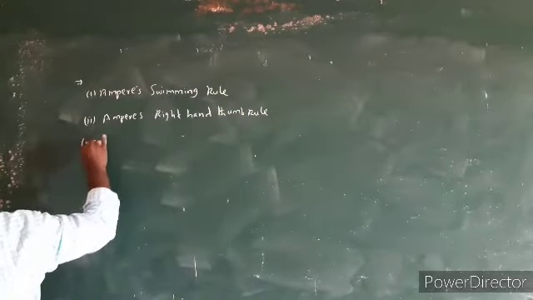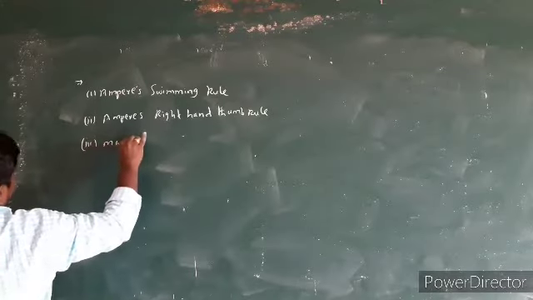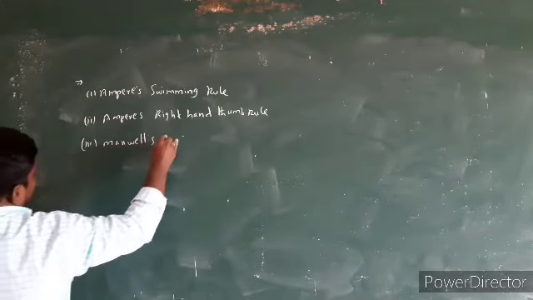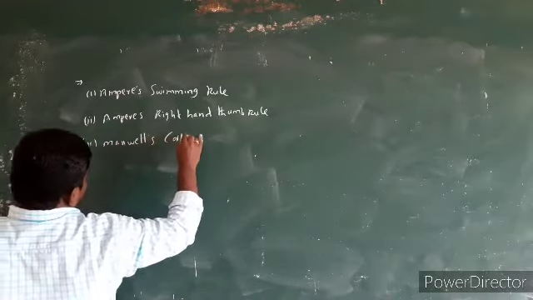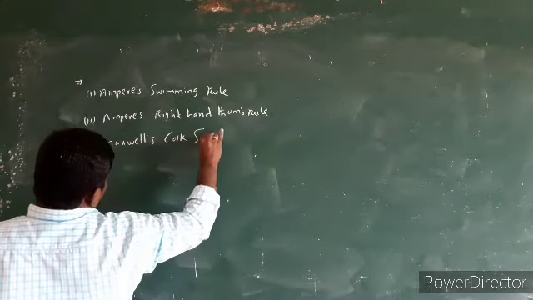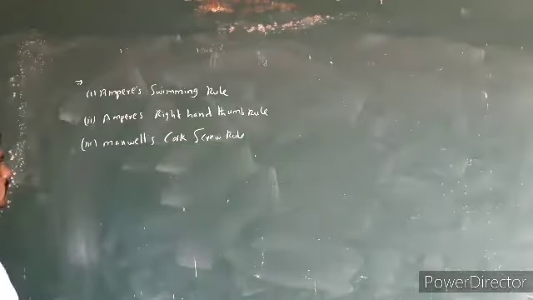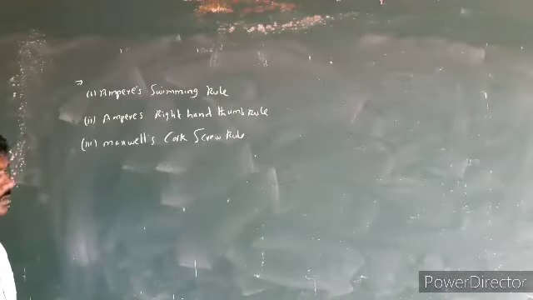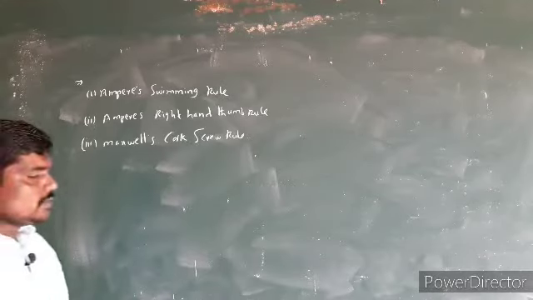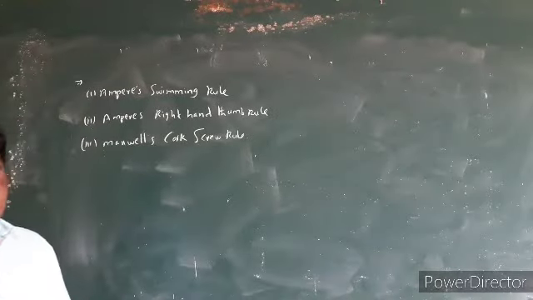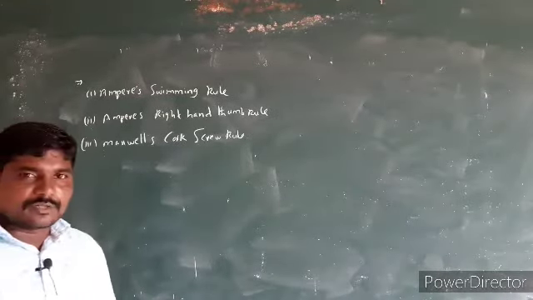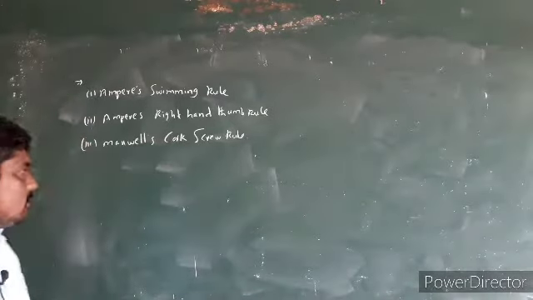Third one is Maxwell's corkscrew rule. There are three rules: Ampere's swimming rule, right hand thumb rule, Maxwell's corkscrew rule. By using these three rules, we will know the direction of magnetic field around a conductor.